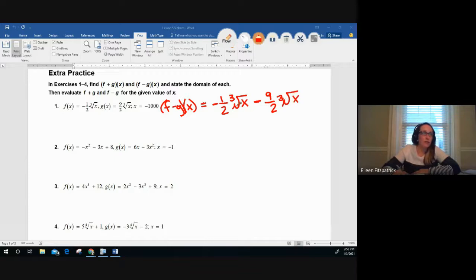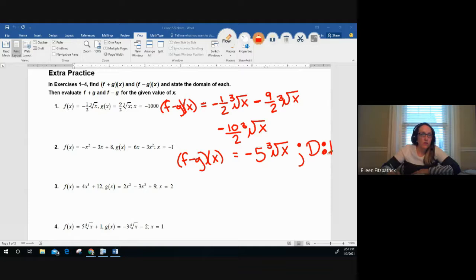Again, they are like terms, so you work with their coefficients. Negative 1/2 minus 9/2 is going to be negative 10/2 cube root of x, which I can then simplify. So f minus g of x is equal to negative 5 cube root of x. The domain doesn't change. The domain is still all real numbers.